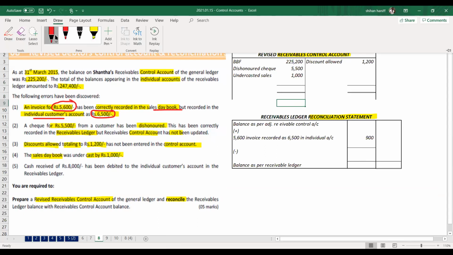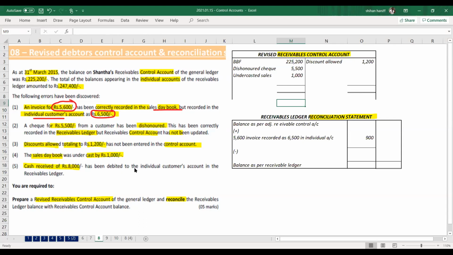Number 5, cash received 8,000 has been debited to the individual customer's account in the receivable ledger. Tell me this. Error in the individual account. So individual means it's into the reconciliation.